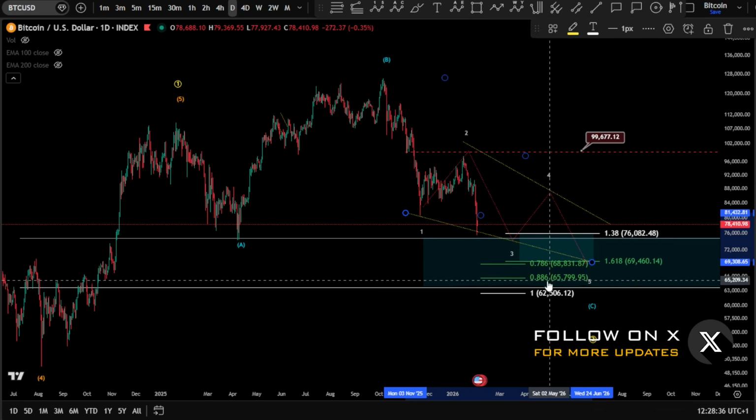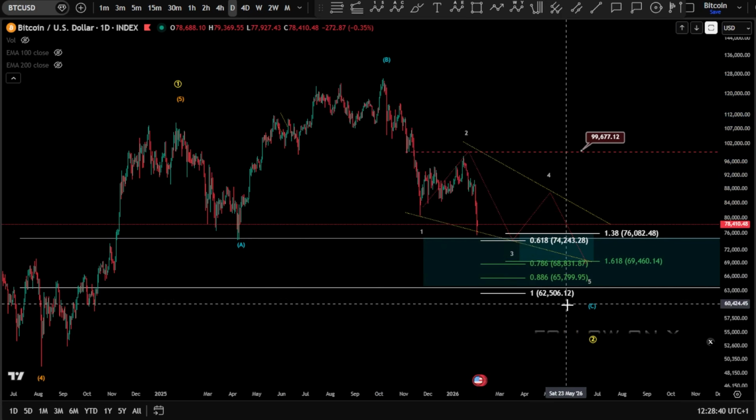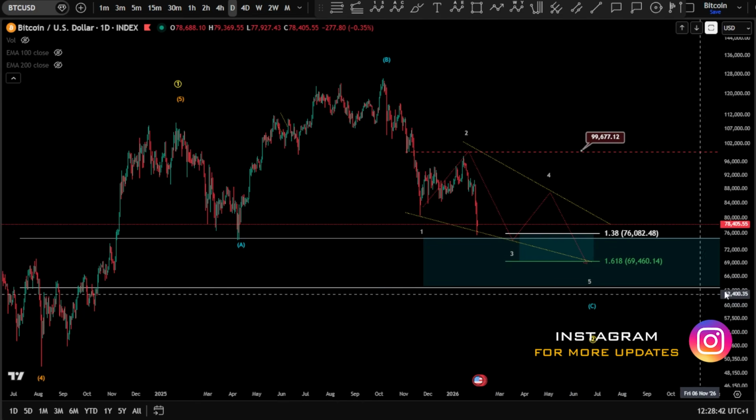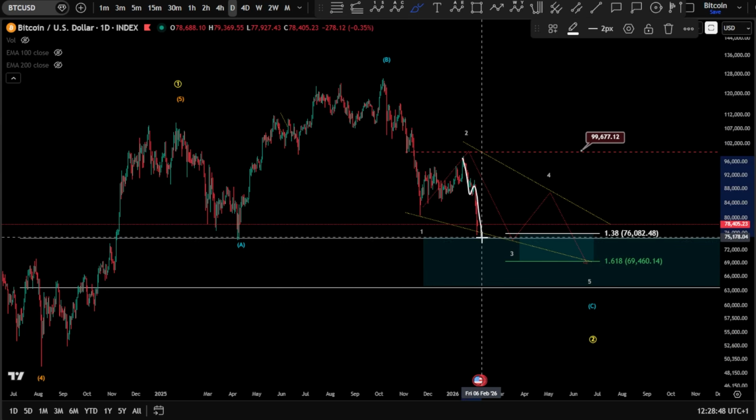It can be as well the 0.618 fib level, which is very, very close to our target there. However, if we take a look at the structure, we can clearly see a potential ABC zigzag.